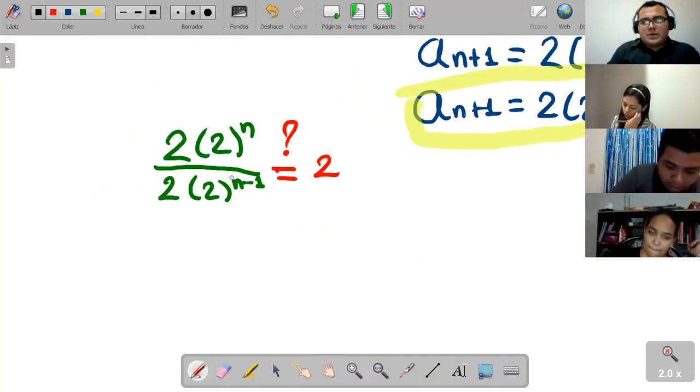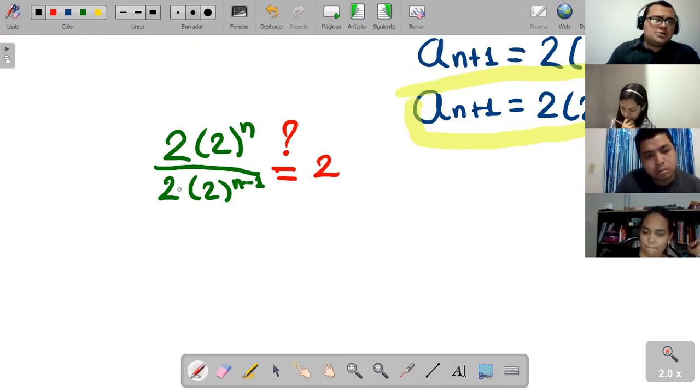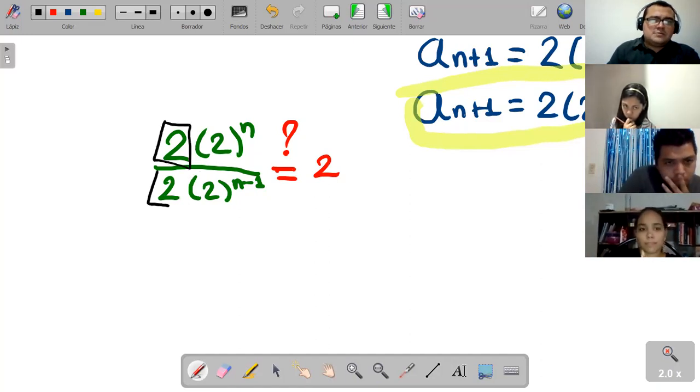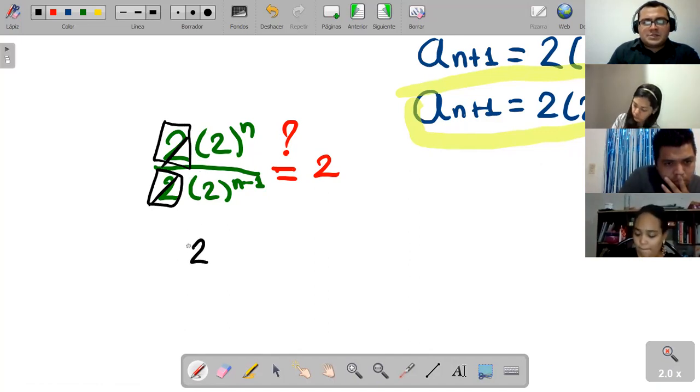To do it, we want to simplify these expressions. You're working with ratios here, so you can simplify this 2 with this 2 very quickly and immediately focus on the variable expression: 2 to the power of n divided by 2 to the power of n minus 1.